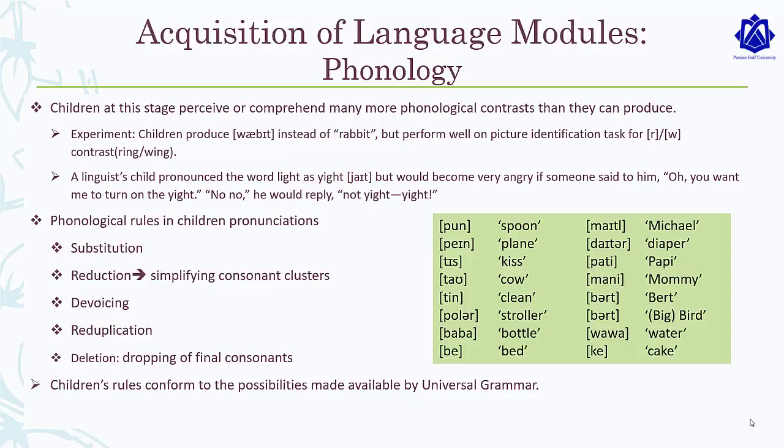These are UG rules, rules of universal grammar, at the disposal of children, which they use in order to produce speech. So we can conclude that children's rules conform to the possibilities provided by universal grammar.